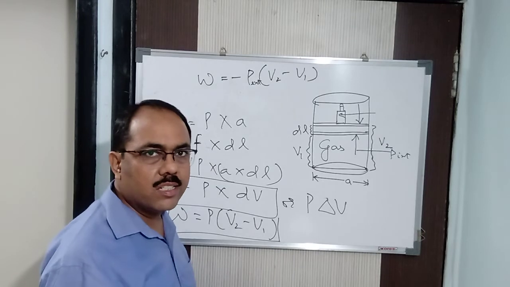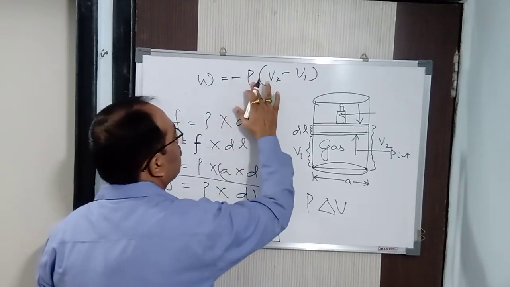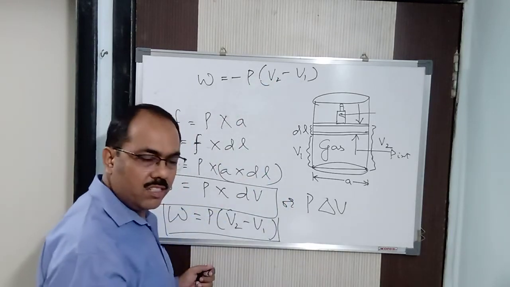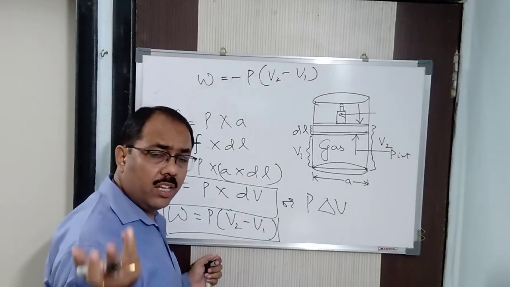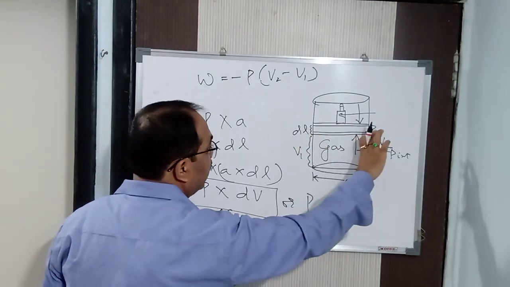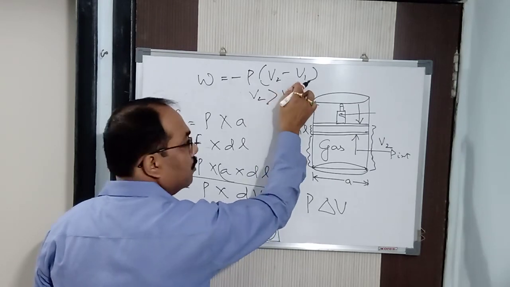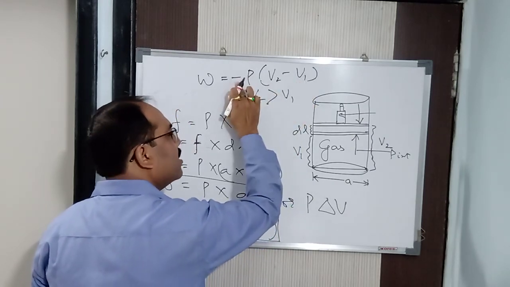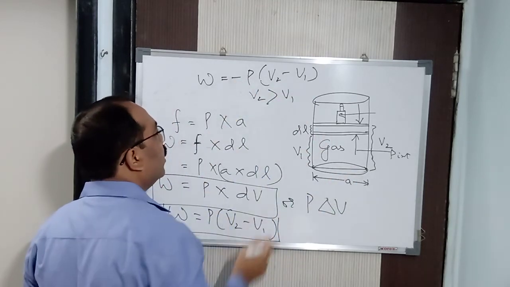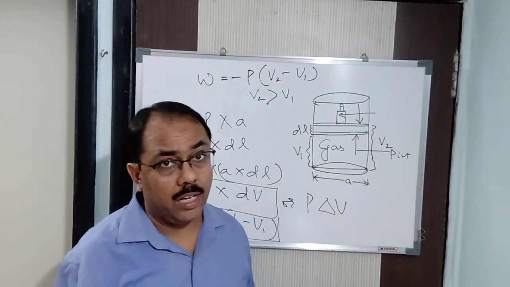So we get minus P(V2 minus V1), the general expression for work done for an irreversible process. Here V2 is greater than V1, so V2 minus V1 is positive. With the negative sign, minus into plus is minus. So work done by the system is negative.